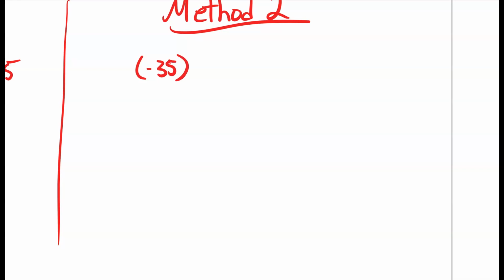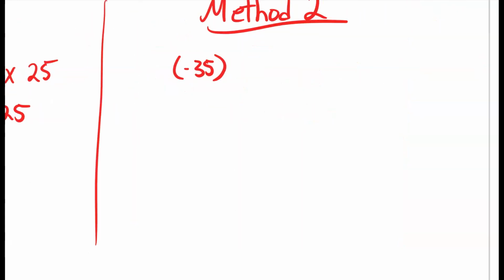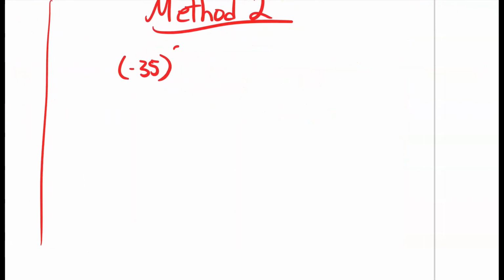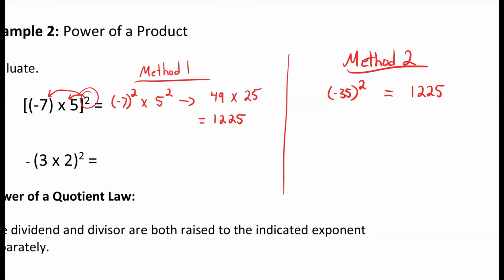Close those brackets around it, and our exponent of 2 attaches back on where it was on the outside of the brackets. All that's left to do is evaluate. So -35 squared gives us 1,225. Notice it gets you the exact same answer.